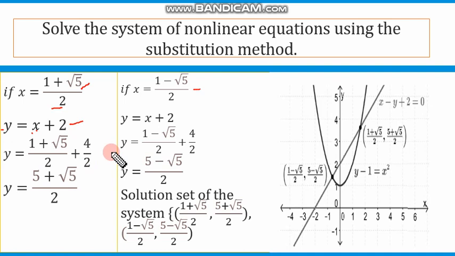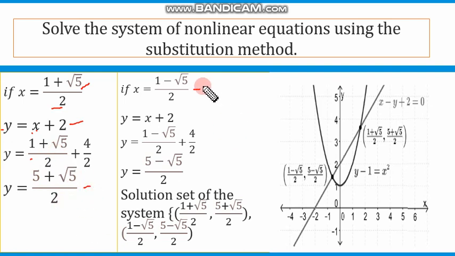We write 2 as a fraction so the denominators are the same and we can add. So y is equal to 1 plus 4, which is 5, plus square root of 5 over 2. That's the value for our y.